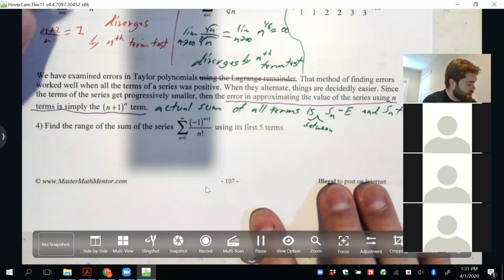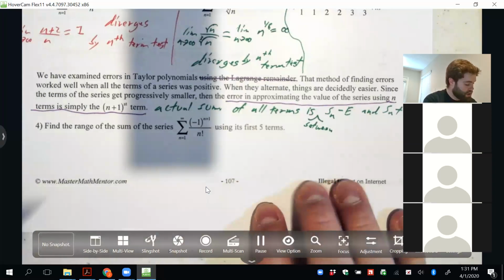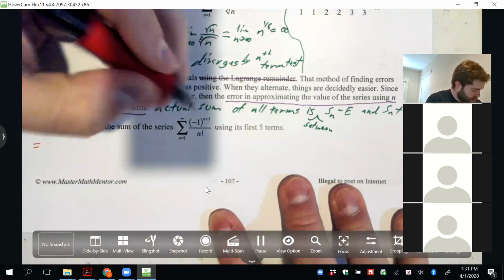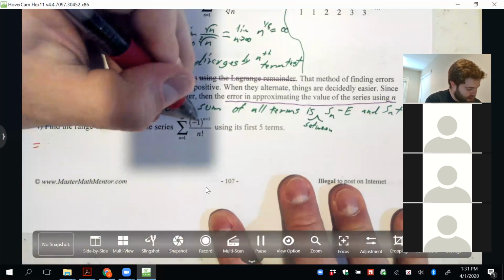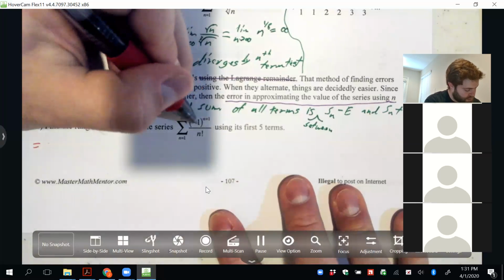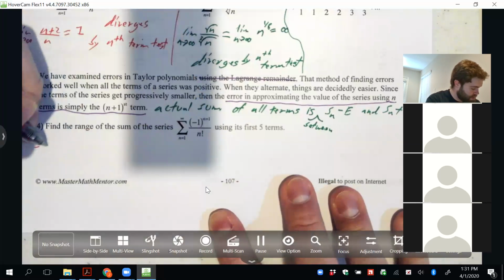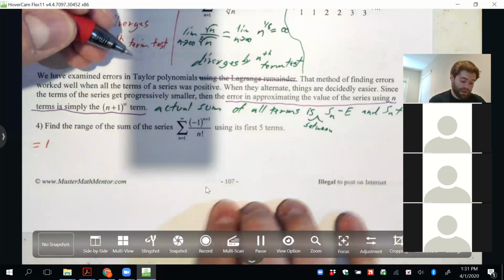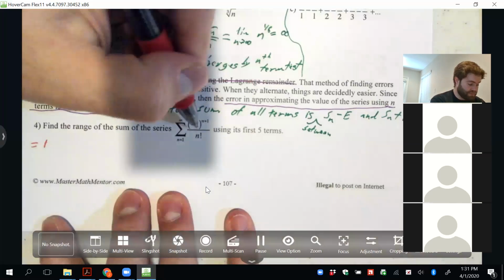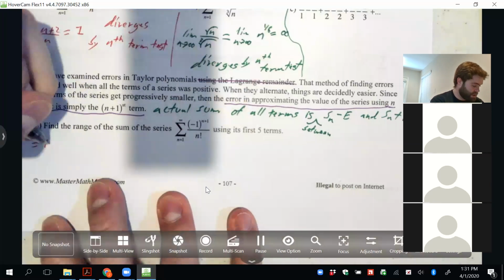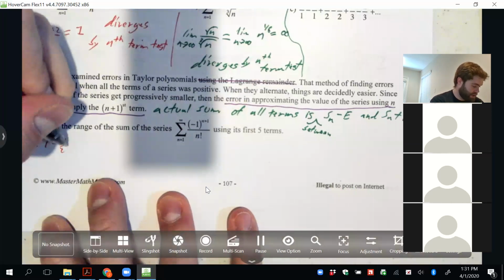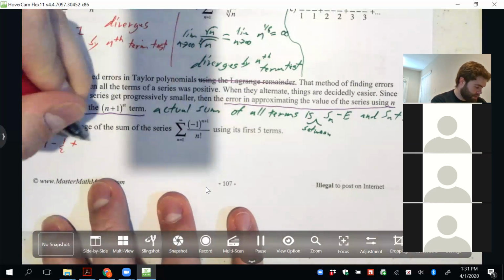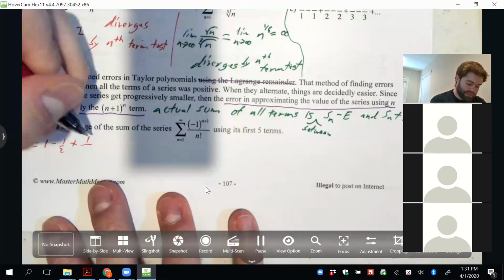If we start writing it out, this summation would equal, well, if we plug in 1, that'd be -1 to the 1 plus 1, which is 2. So -1 squared over 1 factorial. So that's just a 1. Then plugging in a 2, we'd have -1 cubed over 2 factorial. So that's going to be -1/2. Then plus, plugging in 3, 1 over 3 factorial.